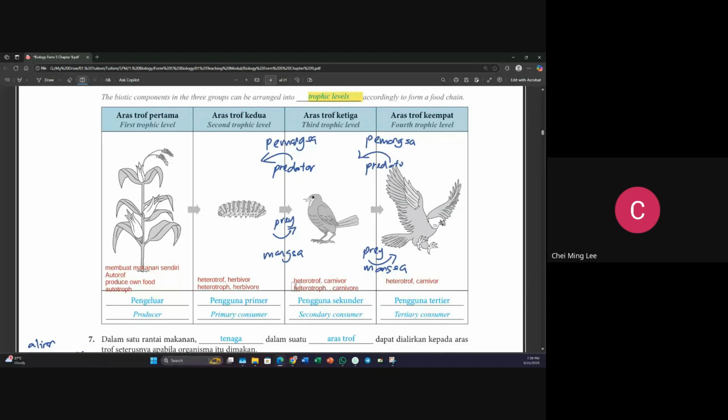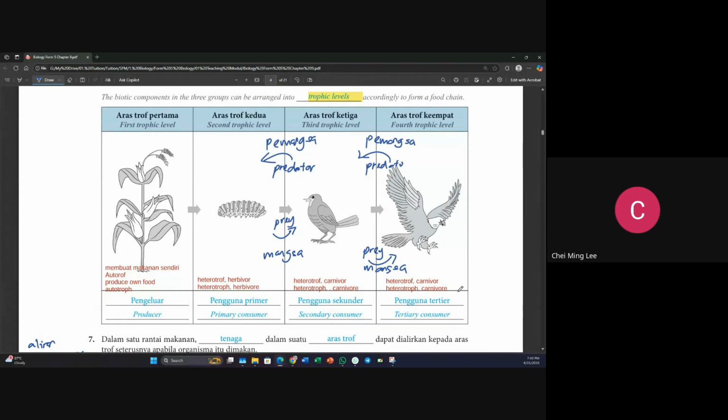Of course, the fourth trophic level is also considered heterotroph and carnivore. Mostly the first trophic level we call producer, the second trophic level primary consumer, followed by secondary consumer and tertiary consumer.